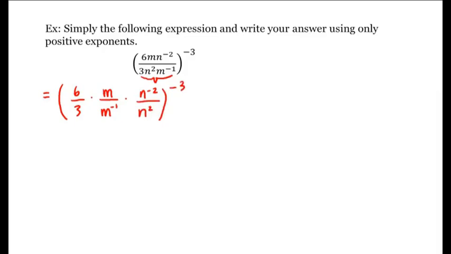raised to the negative third power, which is equal to 6 divided by 3 is 2, and then times m raised to the 1 minus negative 1. And this comes from the quotient rule. Because the bases are the same, we subtract the exponents.